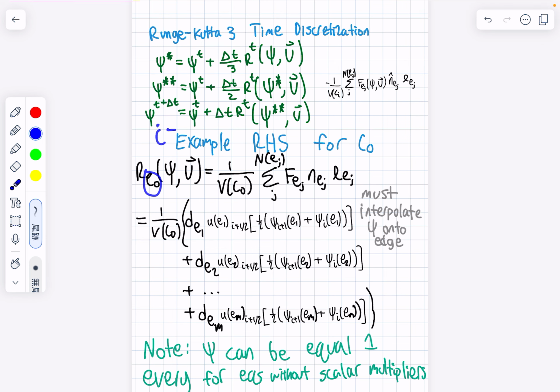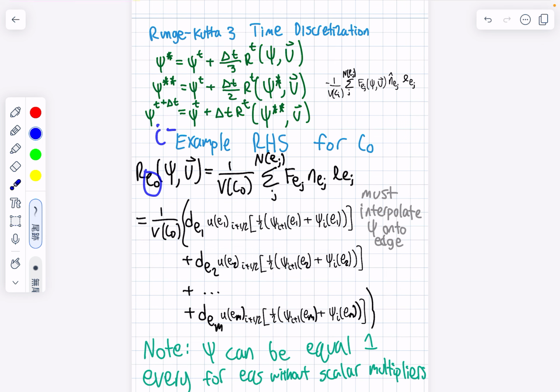So if we go back up, that's this cell. I'm just going to copy this picture and bring it down here so we can see it.